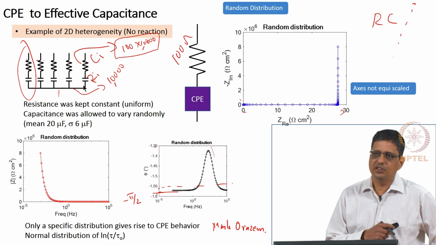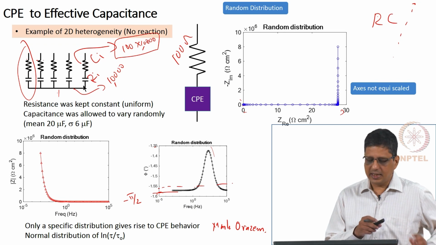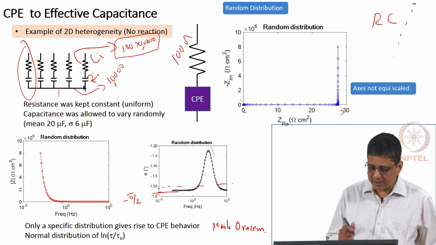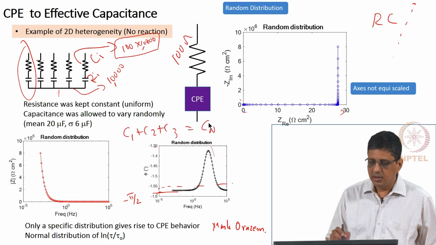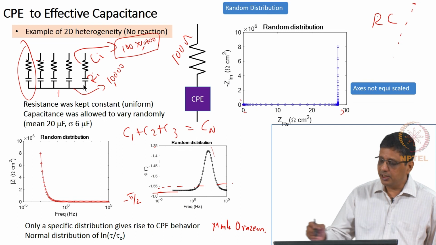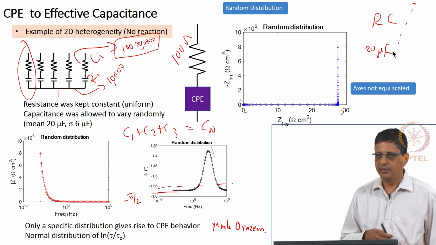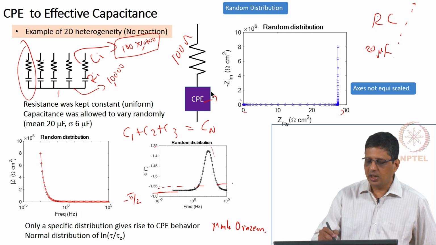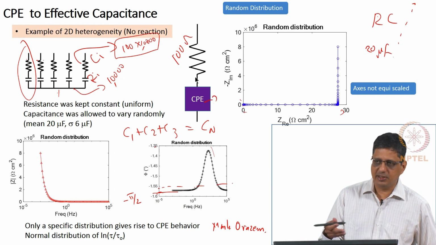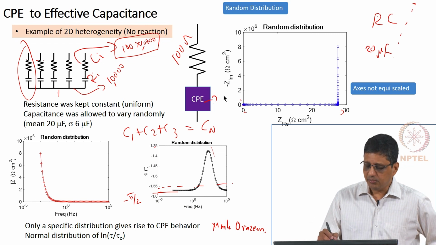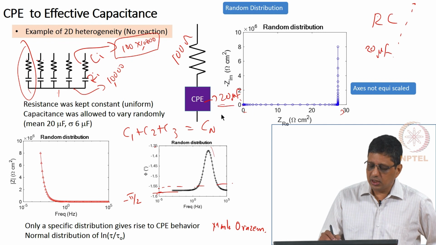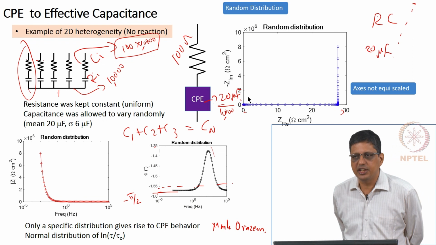Capacitance values you can again calculate, right. For the capacitance, if I am expecting 20 microfarad or something equivalent to that in the CPE, I would divide this by 10,000. So, 2 microfarad by 1000, 2 nanofarad each.